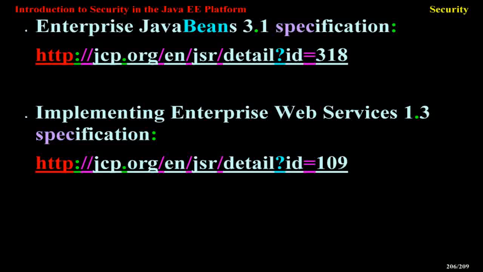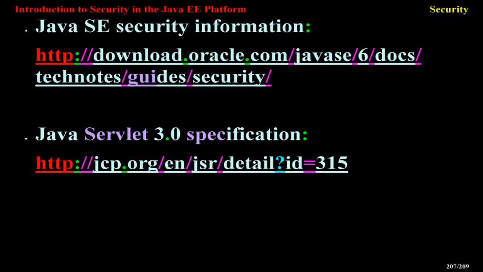Implementing Enterprise Web Services 1.3 specification, JSR 109. Java SE security information, download.oracle.com/javase/6/docs/technotes/guides/security.